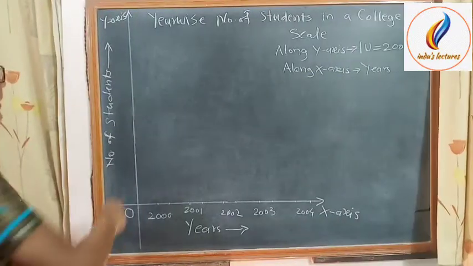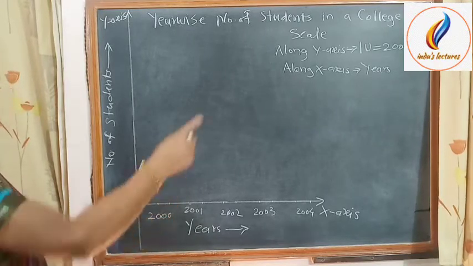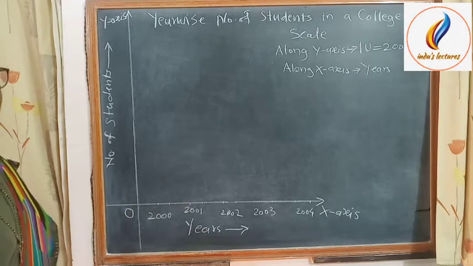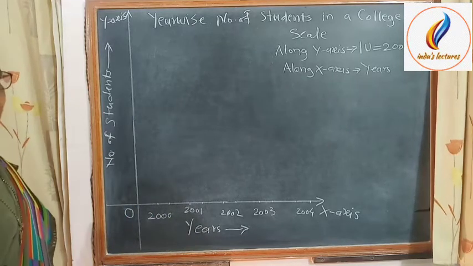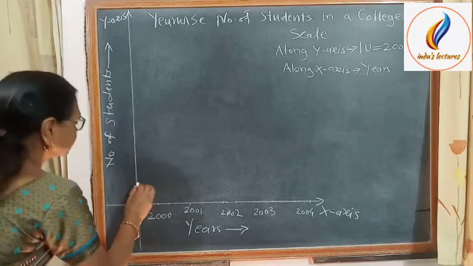Now consider the y-axis. Along the y-axis we have taken the number of students and we have decided the scale as 1 unit equal to 200 students. So mark the points.